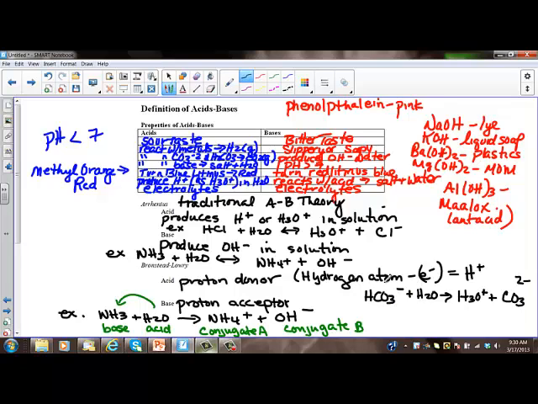So this is interesting in the sense that now you can see that the HCO3 minus is donating, so this is the acid, and the H2O is the base because it's accepting. So the H3O plus is my conjugate acid, and the CO3 2 minus is my conjugate base.